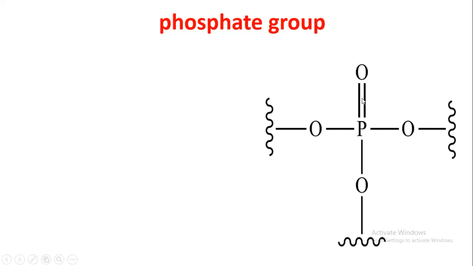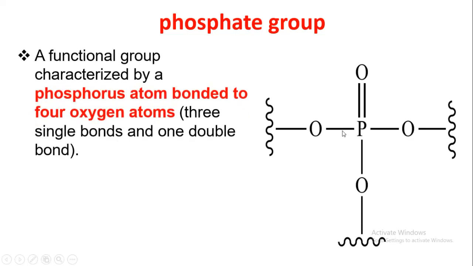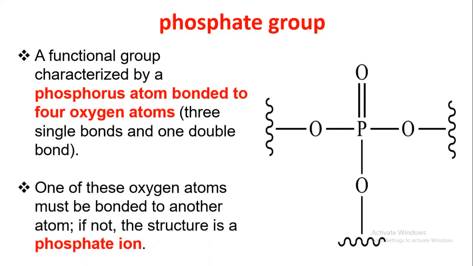Only 1 oxygen is what? Is the double bond. The rest are single bonds. So these single bonded oxygens are the ones which are more reactive. I think that has also been explained.